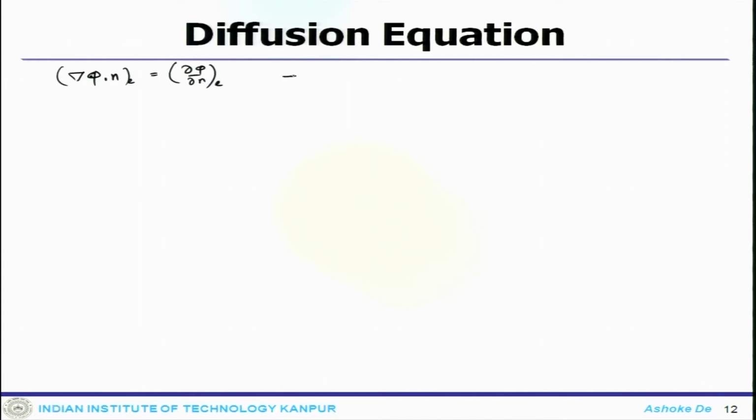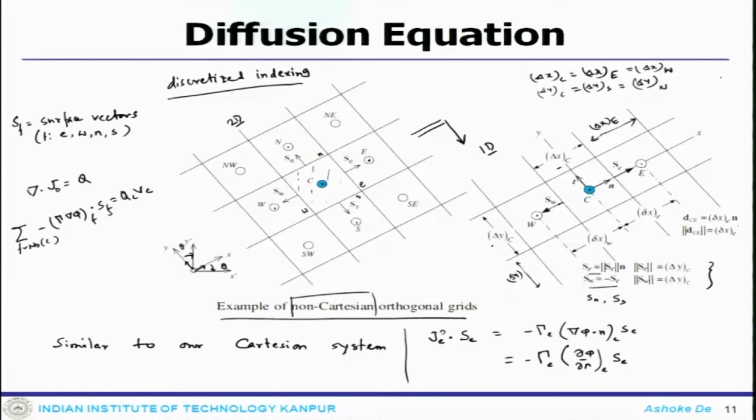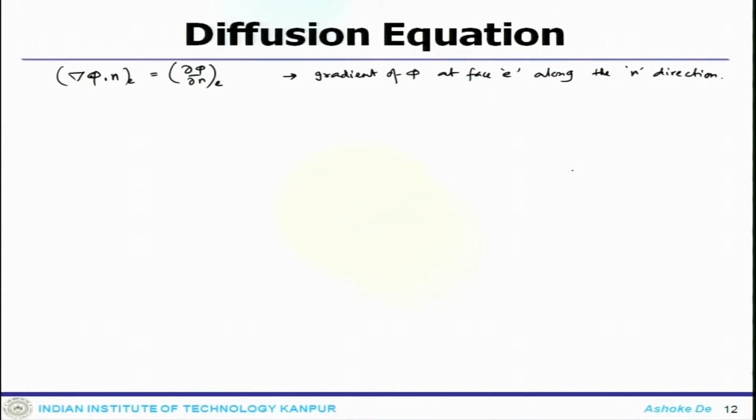This is the gradient of phi at face E along the n direction. Why do we say it is the n direction? If you look at the picture here, this is the n direction, that means the normal direction, and this is the tangential direction. So the normal and tangential directions are estimated.